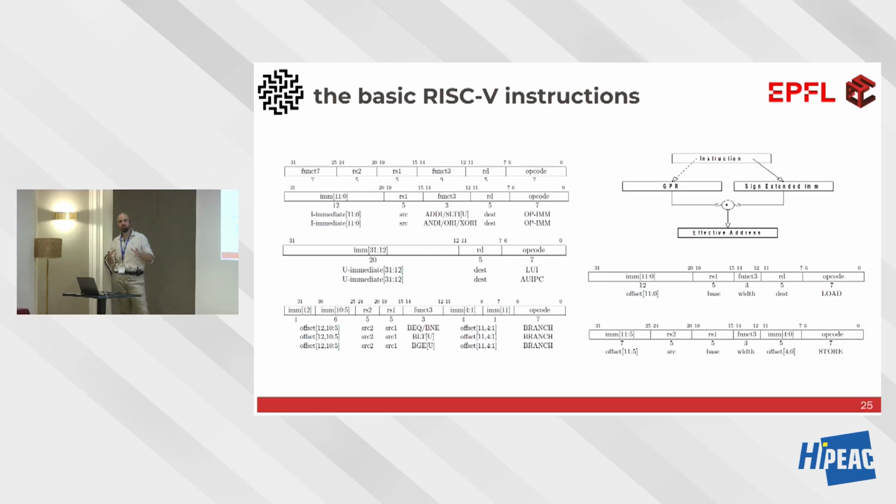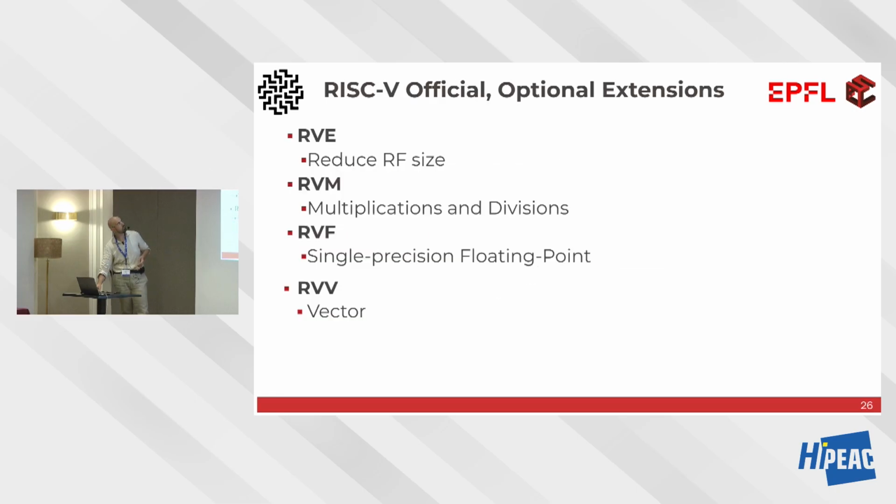So the message here is, remember that the designers of RISC-V wanted to keep the ISA simple. That's the message, or at least in its base form. So we will see a few examples of RISC-V extensions. On Thursday, we will talk about custom extensions.